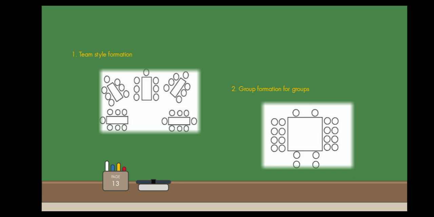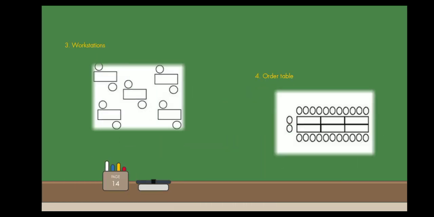Number two, this arrangement allows you to carry out activities such as debating or group observations. Number three, an arrangement like this is for a laboratory environment, where students sit to do tasks such as laboratory work and operating computers or machines.